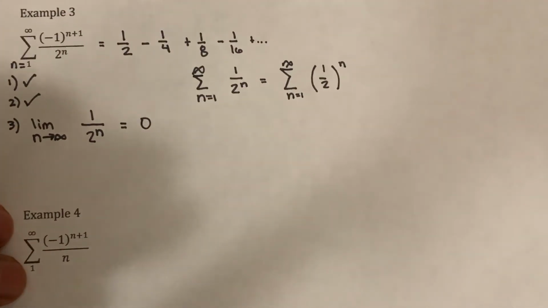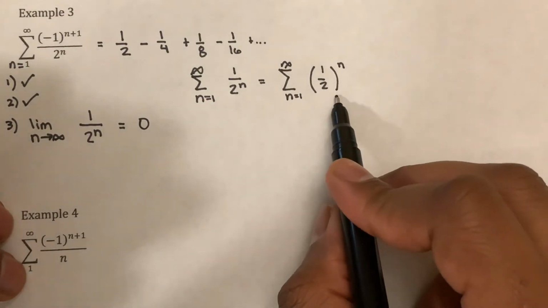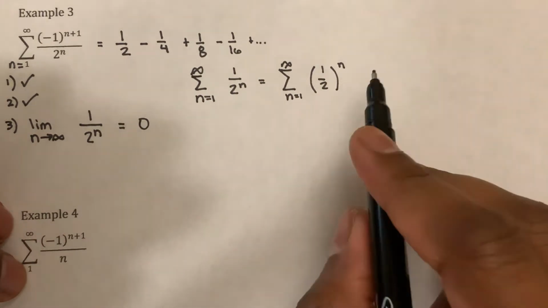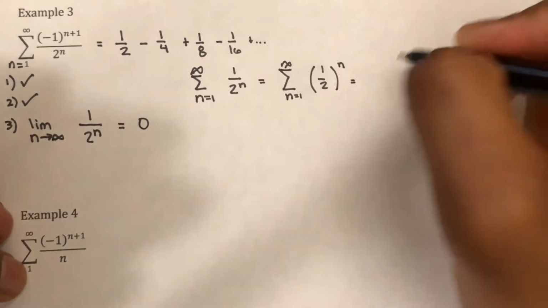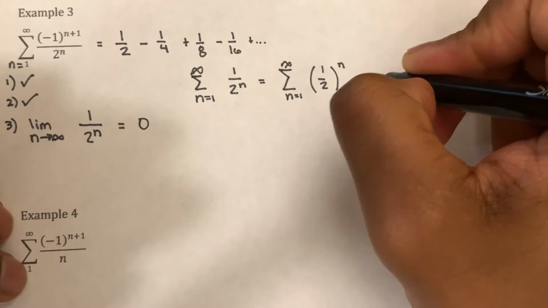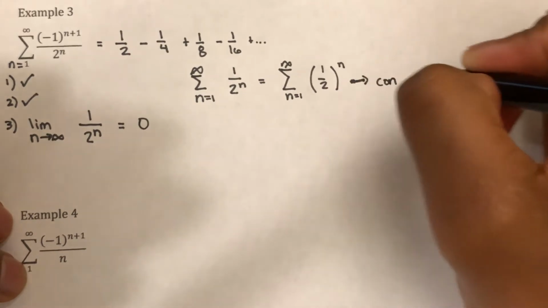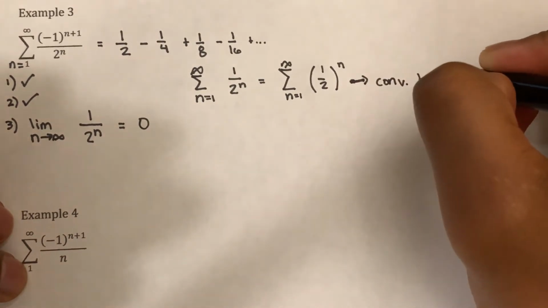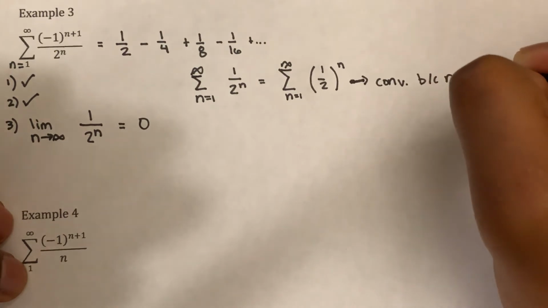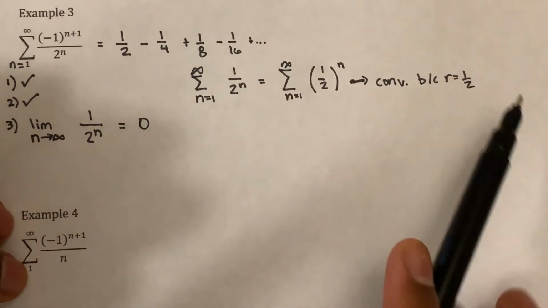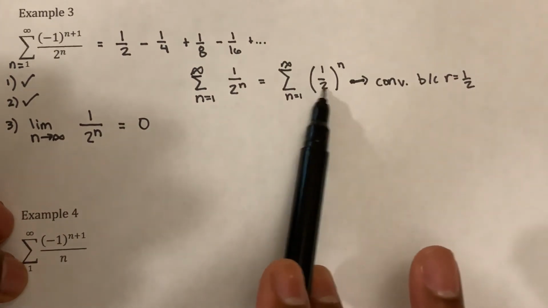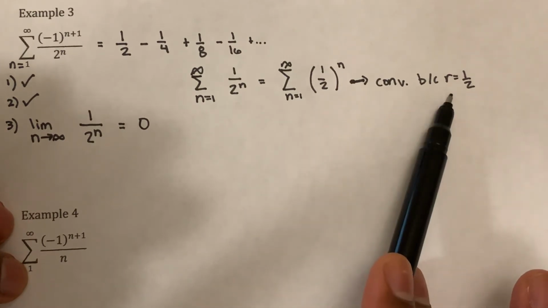Do you remember what kind of series this is? This is a geometric series, and it is going to be convergent because r equals 1/2. Remember, geometric series are convergent as long as the common ratio is less than 1.